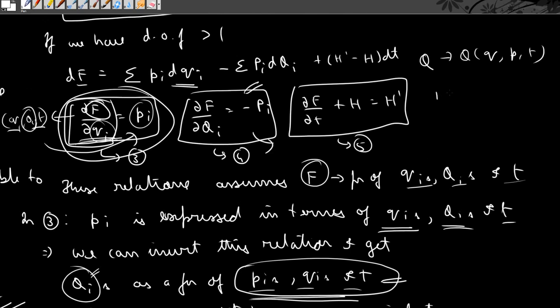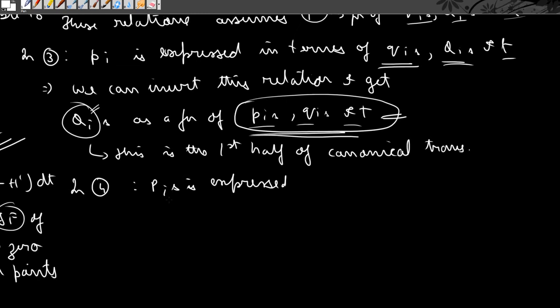So i goes from 1 to s, where s is the degrees of freedom. This s is basically for plurality. All the Pi's are expressed in terms of the old coordinates, new coordinates and time.